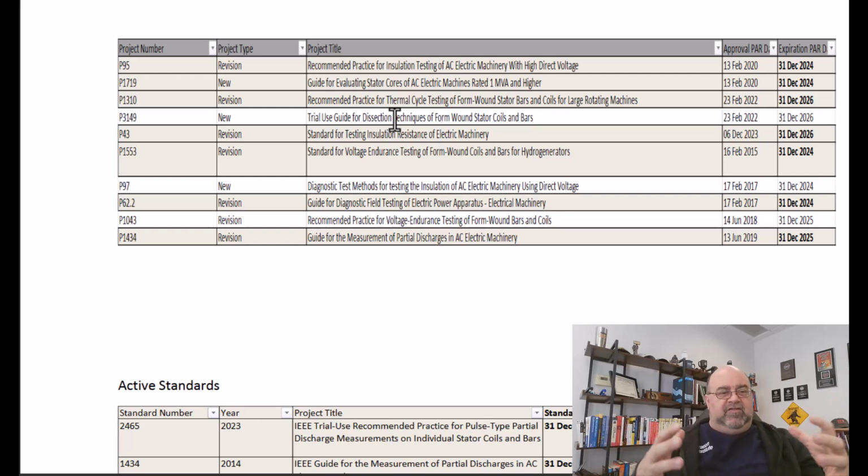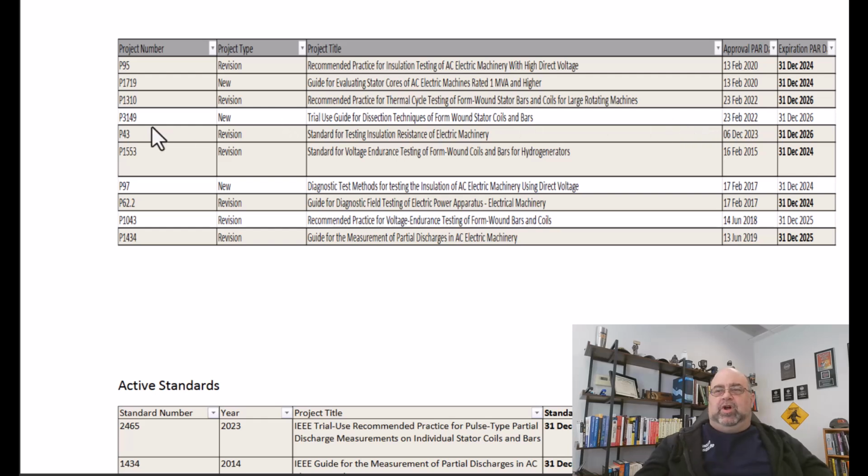Basically, how to get the information, and then the process for how to view the information. This has been going on for a while. As a matter of fact, the PAR request was 2022, and we're well into it. It's still got a little bit to go, but I'm already following the standard for the work we're doing, and then I give that input as we go on.